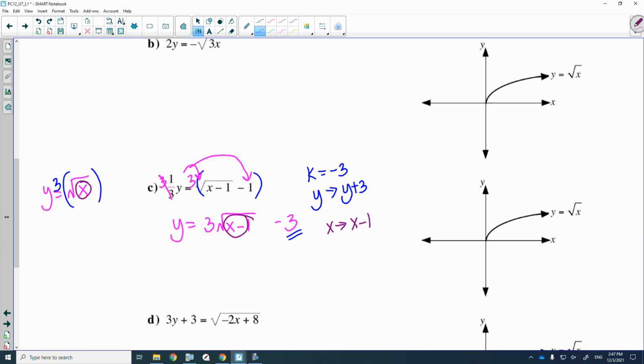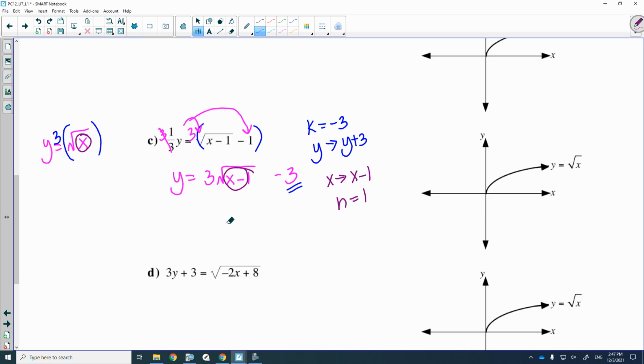That is an h parameter. H is equal to 1, and that's going to horizontally be translated 1 unit to the right. And then the 3 is going to be my a, right? So if my a is 3, vertical stretch is 3, that's a y replacement. Y is replaced with 1/3 y. And then what I would recommend is when you're graphing it, you could graph this new transformed function.